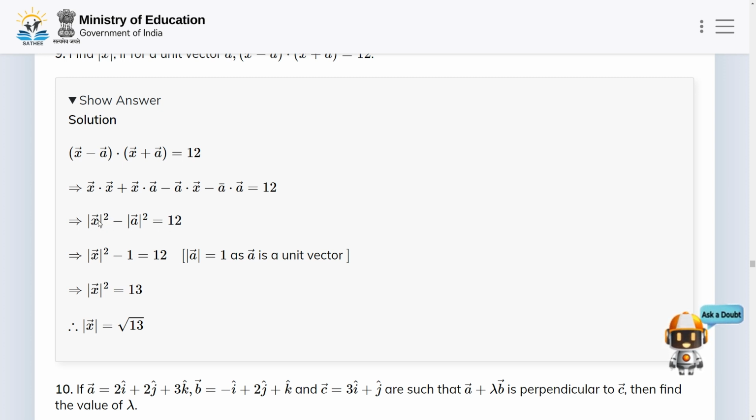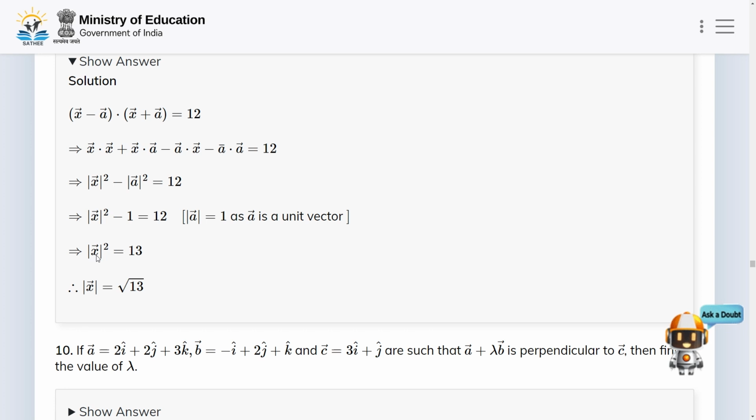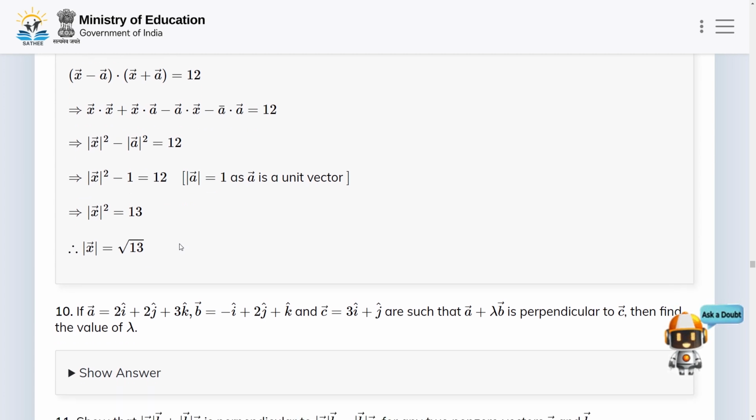You know the magnitude of A is 1, so 1 square will be just 1. So the square of the magnitude of X is equal to 13. This gives you the magnitude of X equal to root 13. Clear?